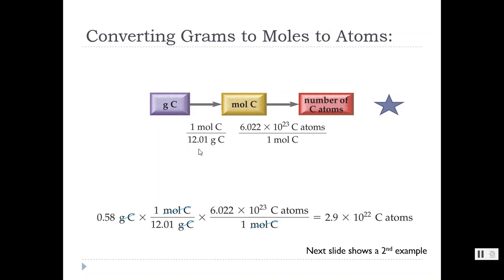And we get that 12.01 from the atomic mass of carbon, which is on the periodic table, which you'll be able to use for quizzes and exams. So that is the second definition of a mole. 1 mole of whatever substance you are dealing with is equal to its atomic mass in grams as a weight.